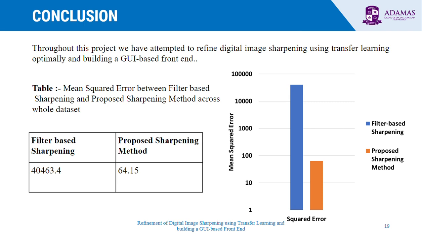Therefore, using this technique we will get minute details even in the workspace, and cancerous cells or any cell can be detected easily without fail, which was not possible via filter based sharpening. This error shows the same. This is a plot which shows that our sharpening method is well and good.